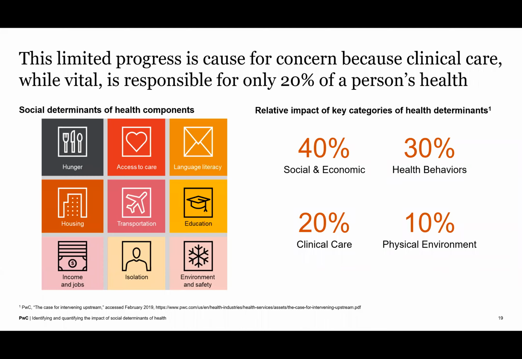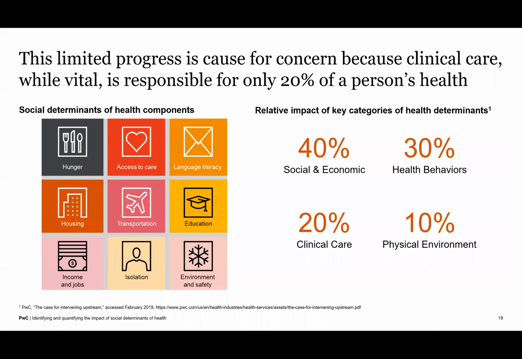So we have issues around diet and nutrition, access, communication and literacy, education, housing, even your environment and workplace. All of these things have an incredible effect on our health.